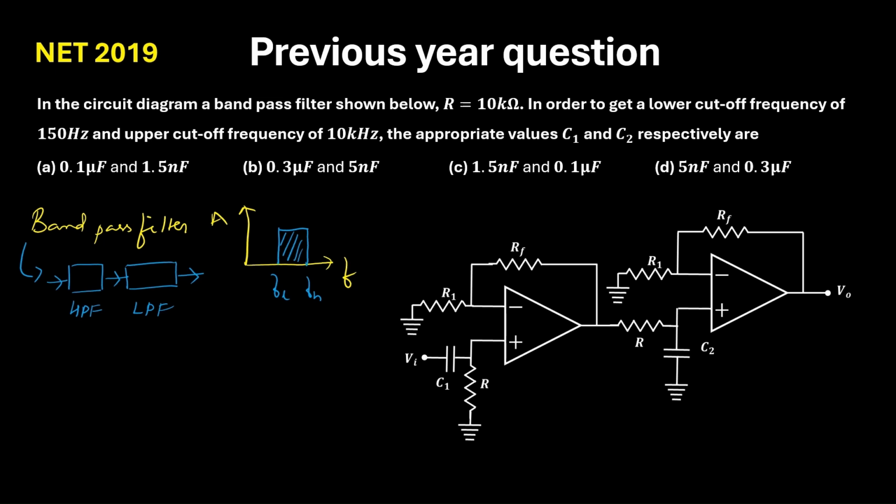Now let us come back to this circuit here. Suppose I'll call this OPAMP 1, and in this OPAMP we can see the input is fed to an RC network, and this is a closed loop non-inverting configuration. But this RC network here is a high pass filter.